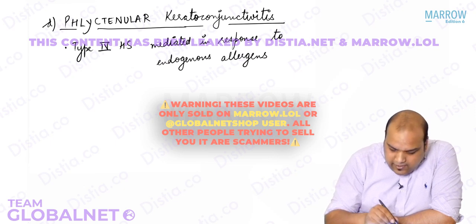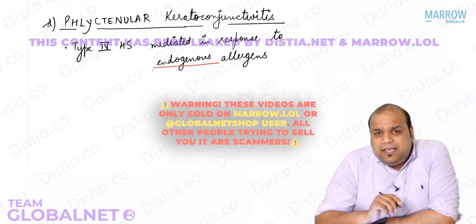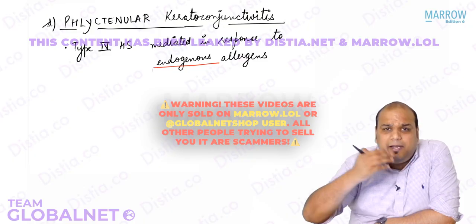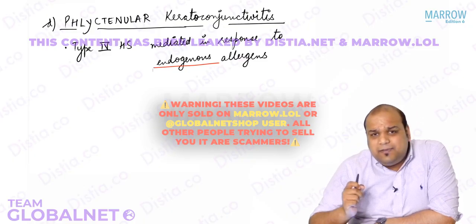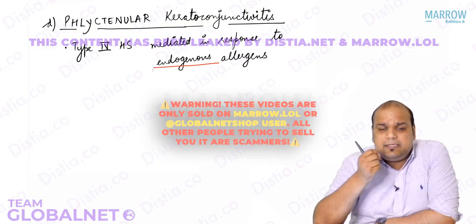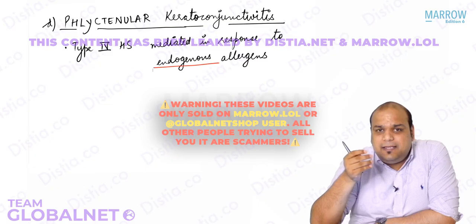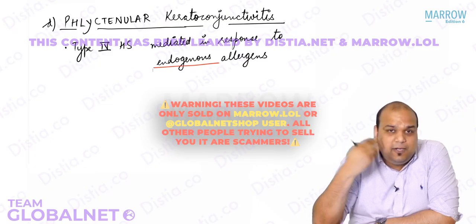I hope you understand why I am emphasizing the word endogenous. When we talked about VKC, we said it is mediated by pollen and those factors. When we said giant papillary conjunctivitis, again an external factor like a contact lens or a protruding suture. But in phlyctenular conjunctivitis, there is some kind of disease inside the body, endogenous allergens.